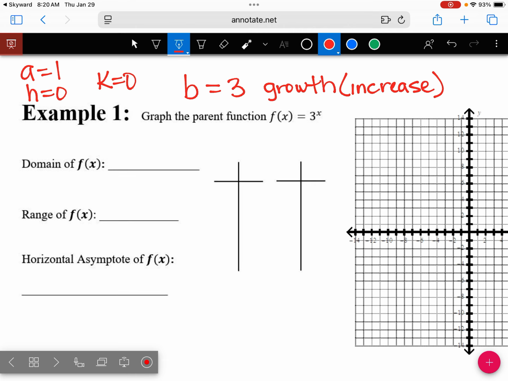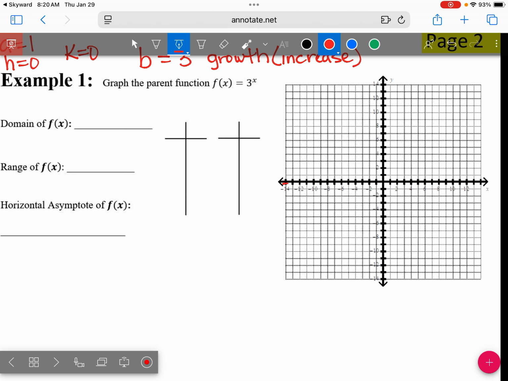Okay. So K value being 0 means that, I'm going to draw this in, it's actually right on top of the x-axis. This right here, that's the lowest the graph is going to go. Your domain is always negative infinity to infinity.